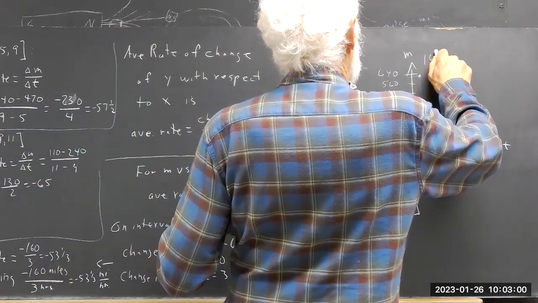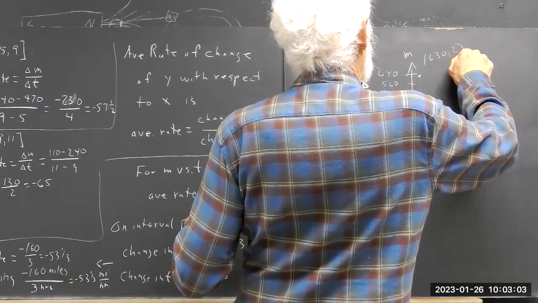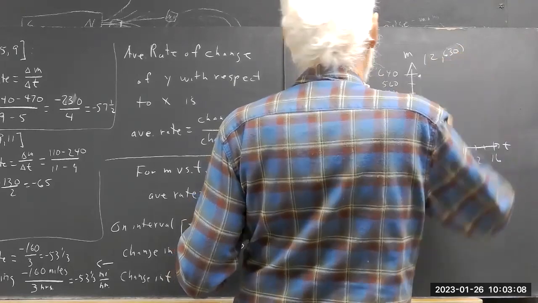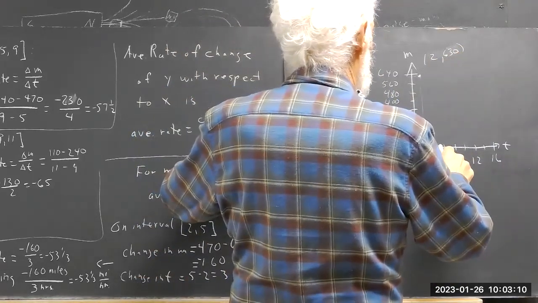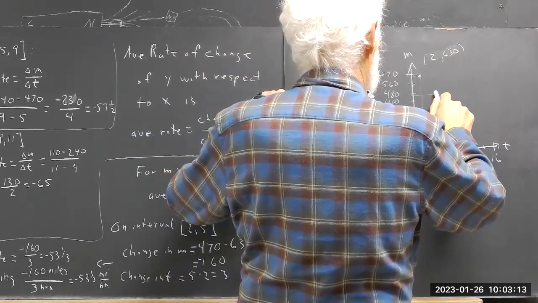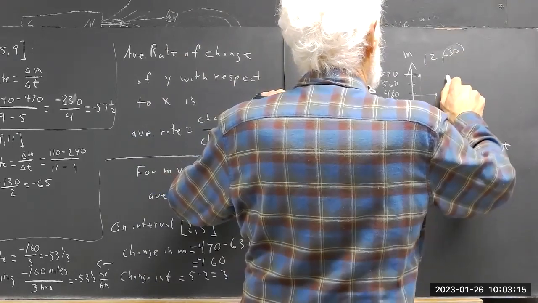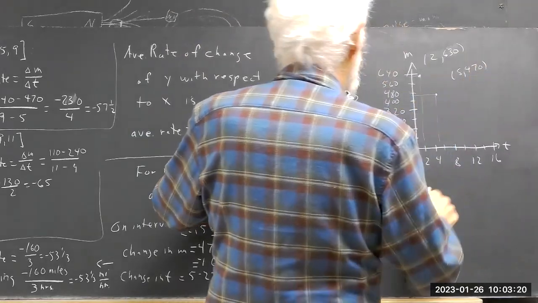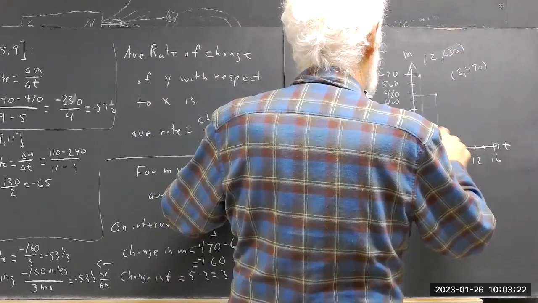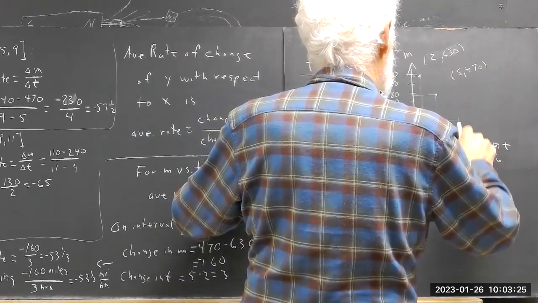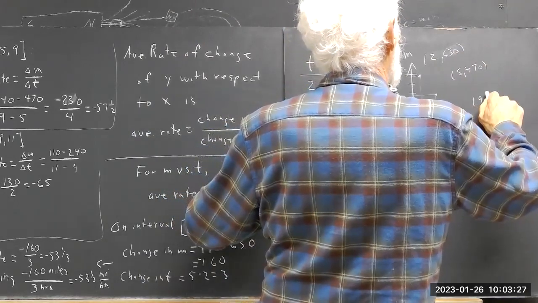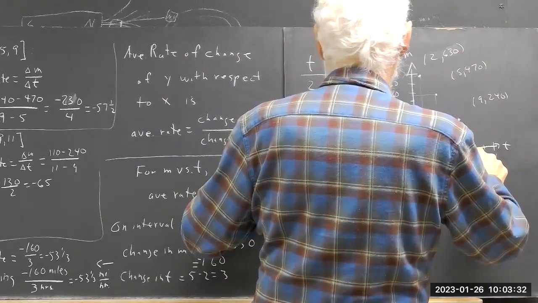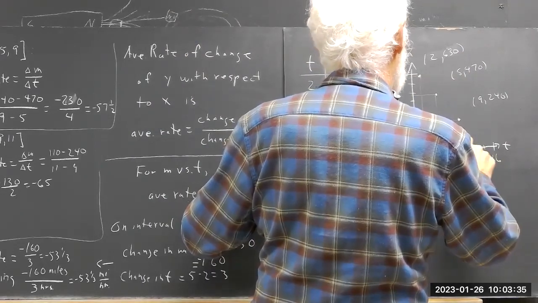So here is the point 2, 630, and then 5, 470. And then 9, 240. 10, 11, 110.